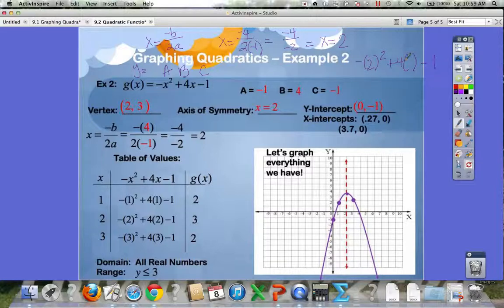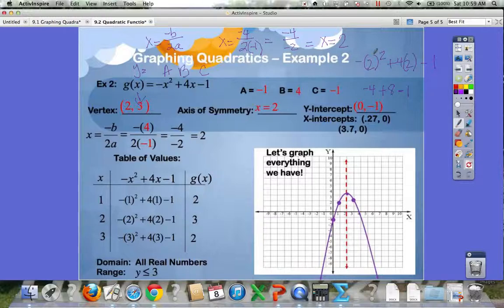There's a 2, there's a 2. So that's going to be 2 squared, which is 4. 4 times a negative 1 is going to be negative 4. Plus 4 times 2 is 8, minus 1. So that's going to be a negative 4 plus 8. Remember, you have to go left to right. Negative 4 plus 8 is 4. 4 minus 1 is 3.